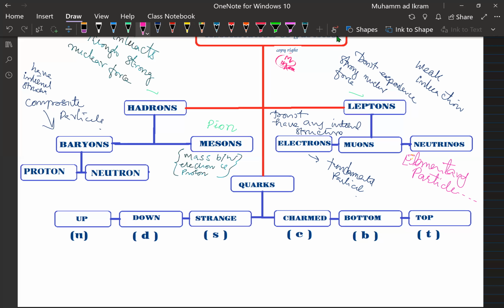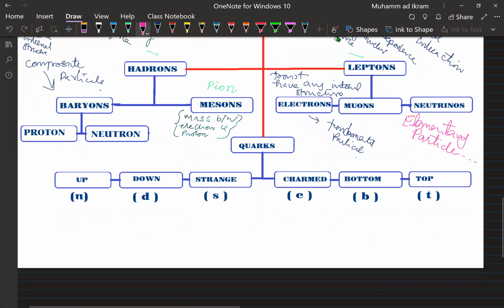Now, there is another group of particles. We call them the quarks, and the quark model is based on certain assumptions, which I'm coming to, about what they are actually made up of.